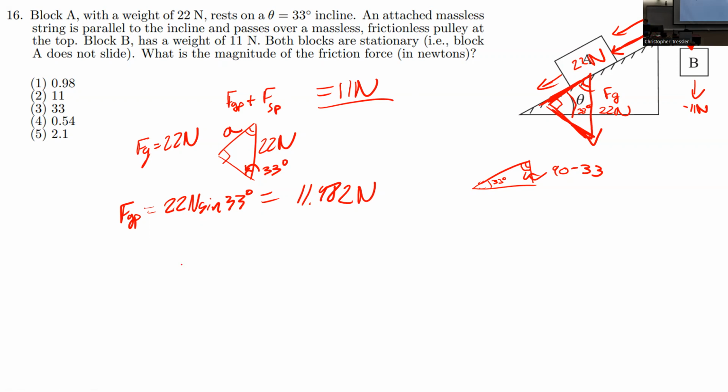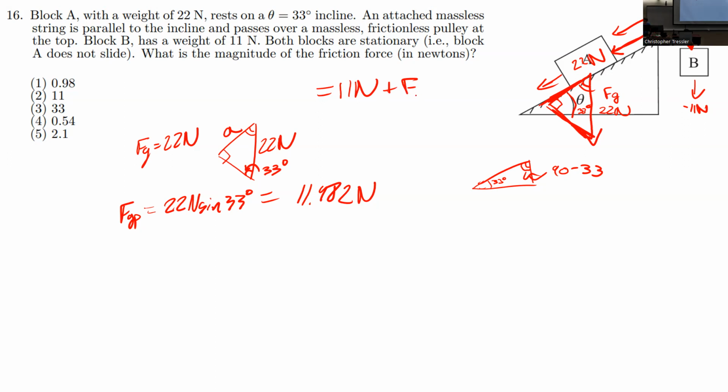So that means, or rather, let me take that back. So what we have here is actually slightly messed up. If we have this 11 newtons here, then we know that this plus the frictional force, the static friction force, is actually stopping movement.